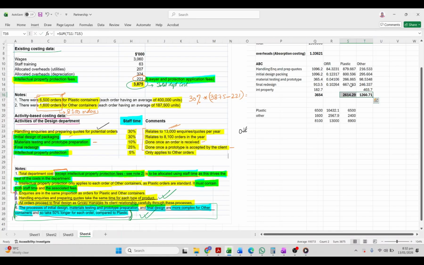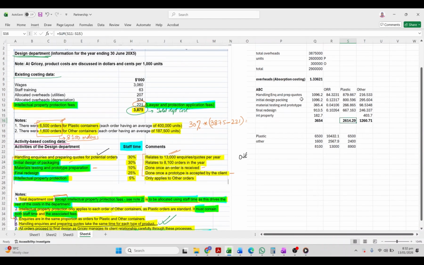So this is basically total overheads, right? Now, okay, now what you have to do, you have to calculate overhead per thousand units, right? We already have overheads per thousand, right? So let's try to calculate overhead.